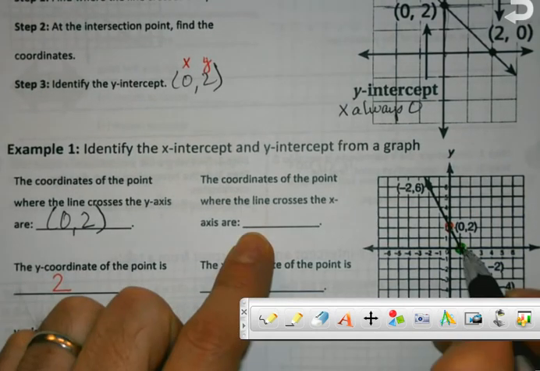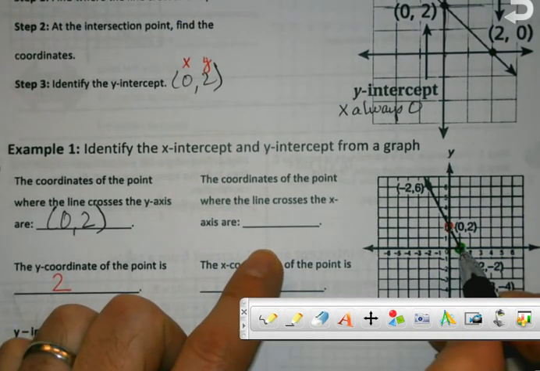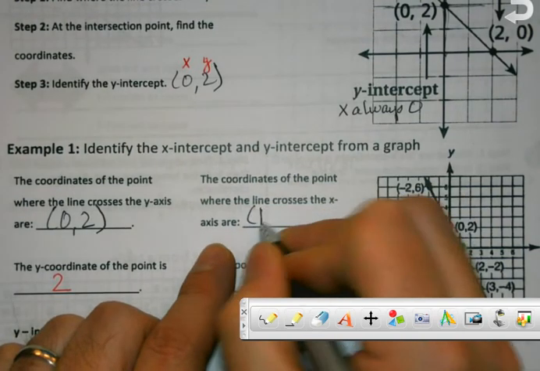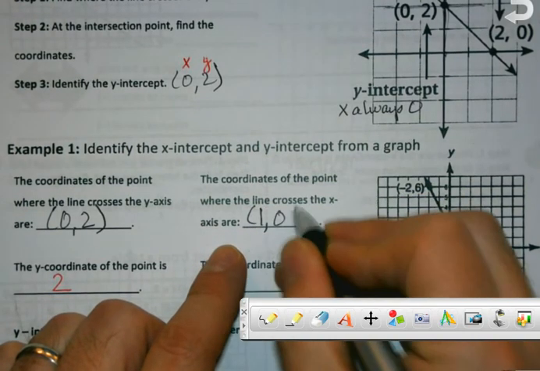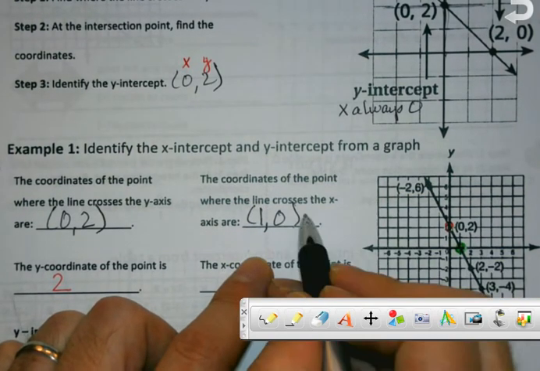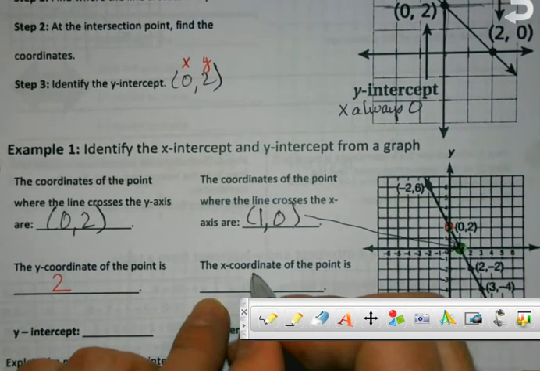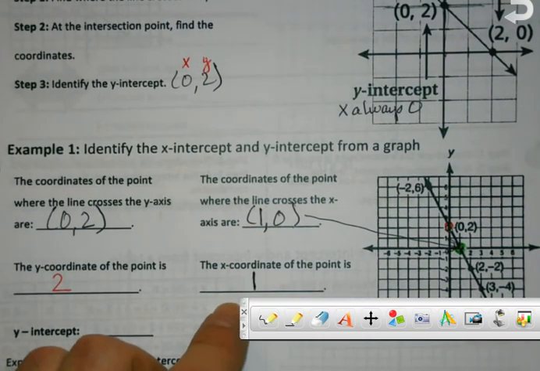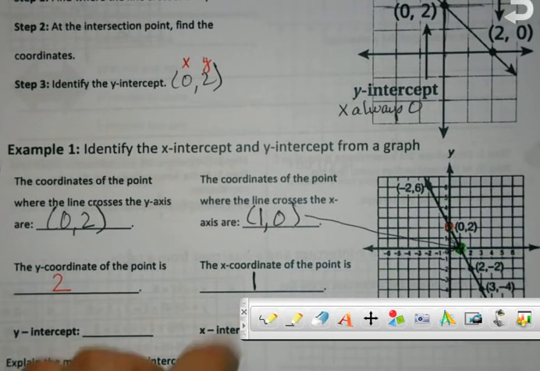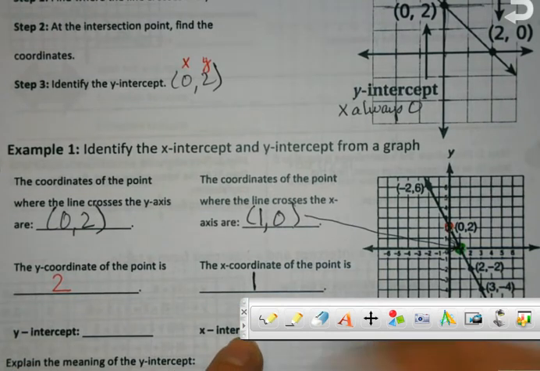I went to the right one, but I didn't go up or down any, so that point's 1, 0. And my x-coordinate of that point is the 1. Basically, my x-intercept ended up being the same thing: the coordinates of those points.